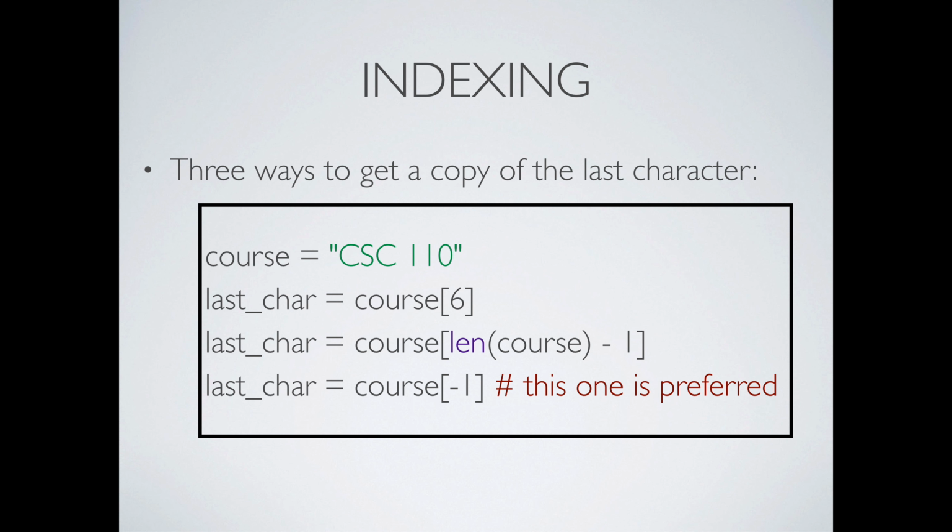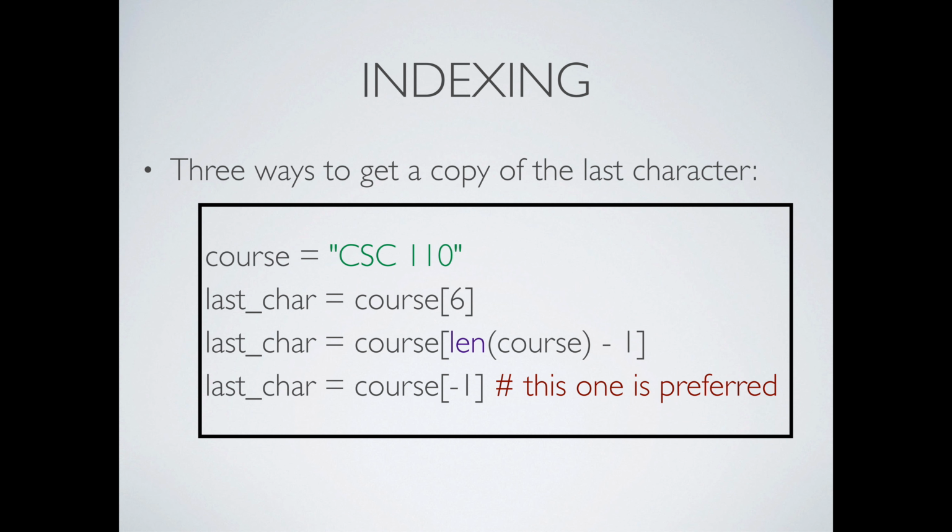Or a third way, and this is really the preferred method of doing this, is just saying course square bracket -1. So the cool thing about indexing is if you have a negative index that you're looking up, it's going to assume that you mean length of the string minus whatever that index is.